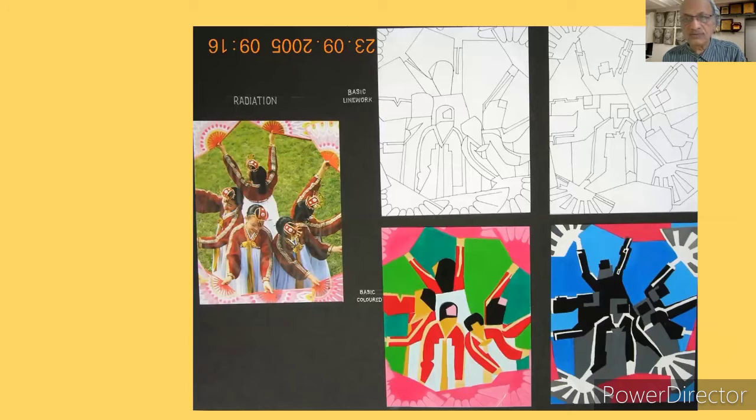This is also one of the examples where students have done this: a simple picture of Manipuri dancing girls. The line abstraction has happened here, and through line abstraction he has enhanced it into his own composition.